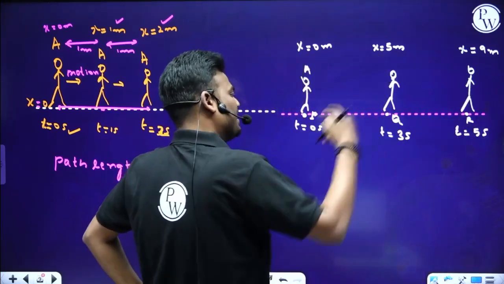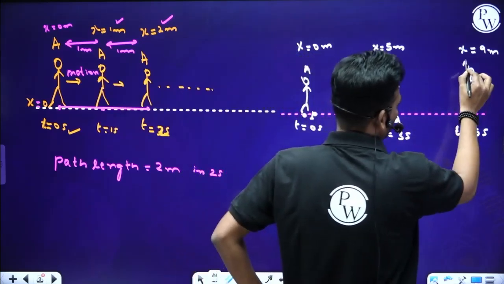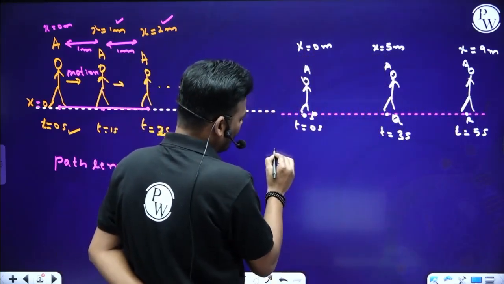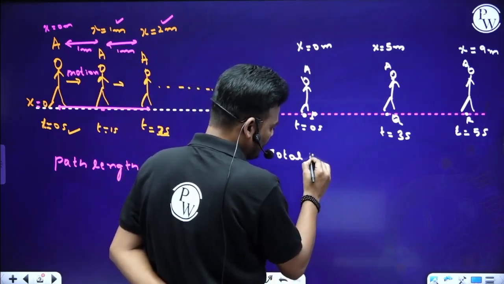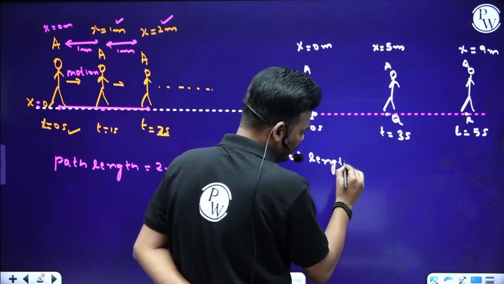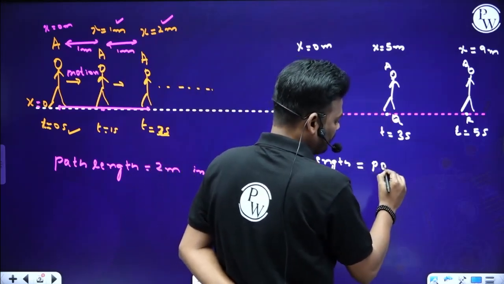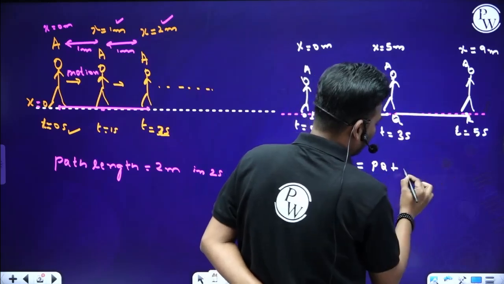So what is the length traveled by student A? Let's consider the total length traveled by the student. P to Q, from here to here, then Q to R, from here to here.